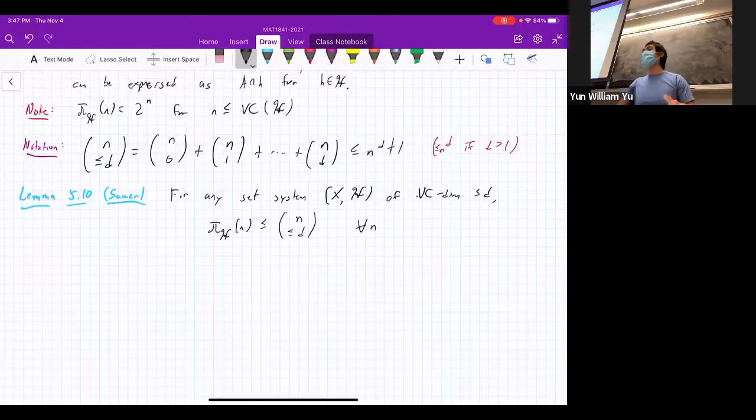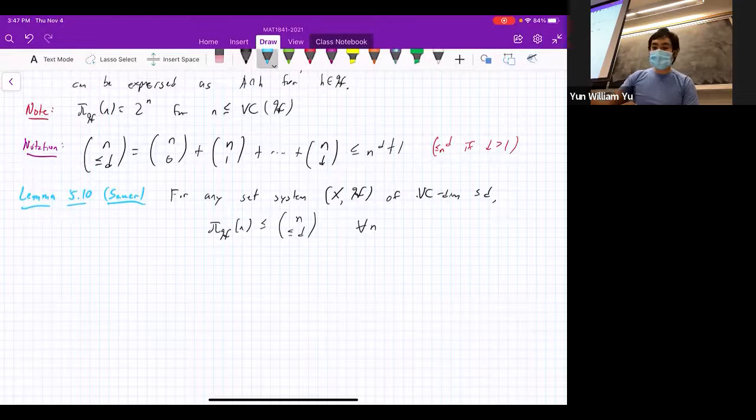Okay, so this gives us a bound on the shatter function as a function of VC dimension. Even though the shatter function encodes all the information of VC dimension, once you have the VC dimension, it also tells you something about the overall values of the shatter function everywhere. Not exactly, but it gives you a bound at least.